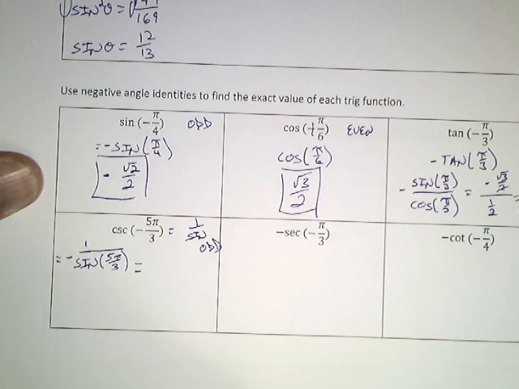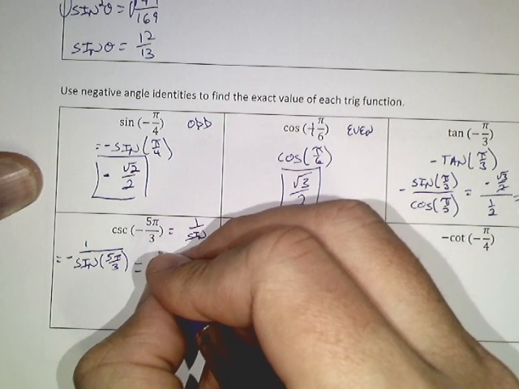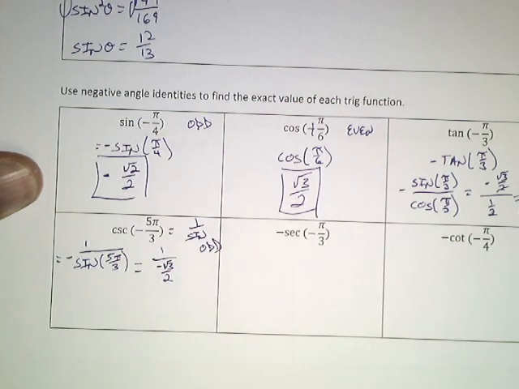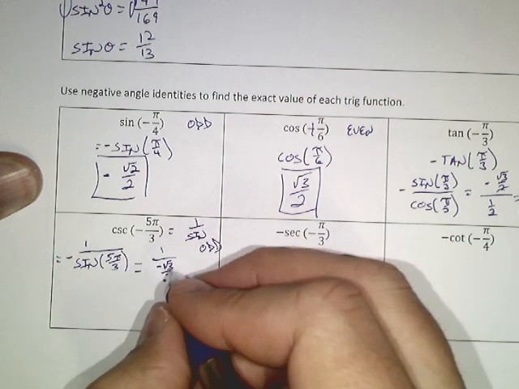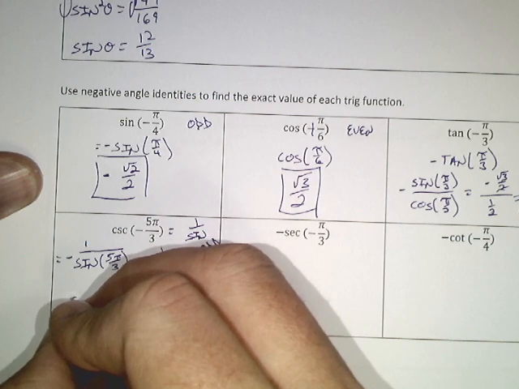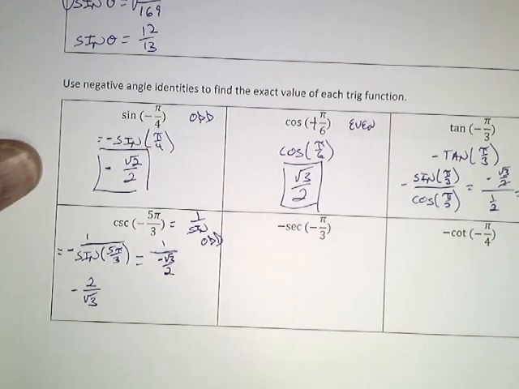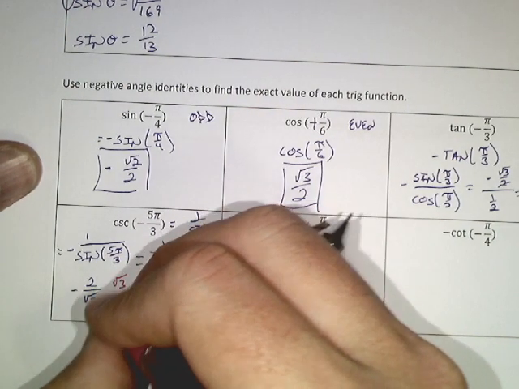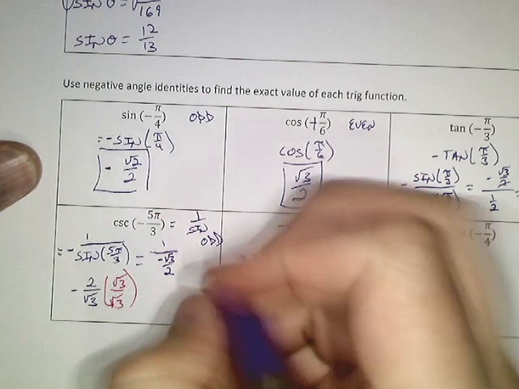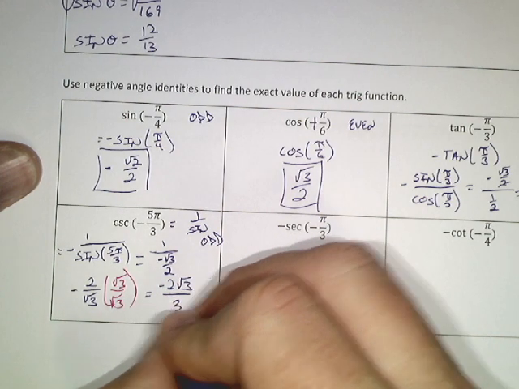Sine of 5 pi over 3, I believe, is the negative square root of 3 over 2. So 1 over the negative square root of 3 over 2. Because it's the reciprocal, we just flip it because we want cosecant. So we're going to simplify this to be a negative 2 over the square root of 3. And then we use our little rationalization trick. That should give us negative 2 square root of 3 over 3.